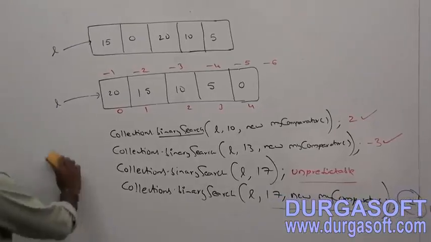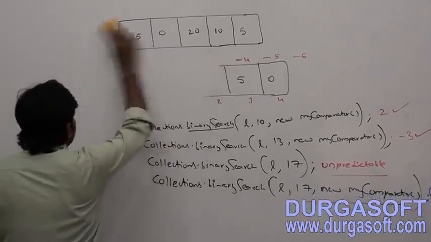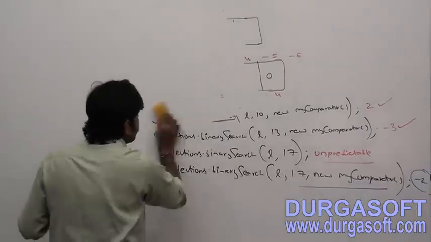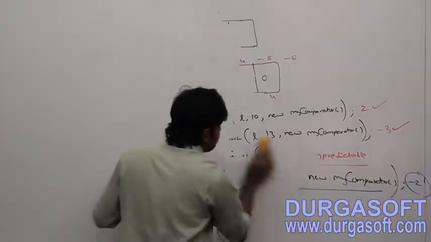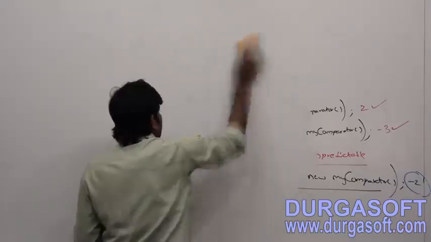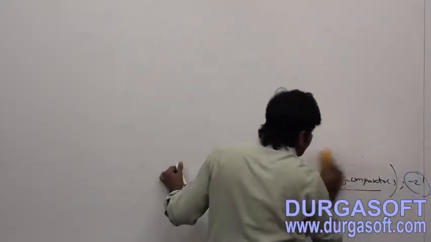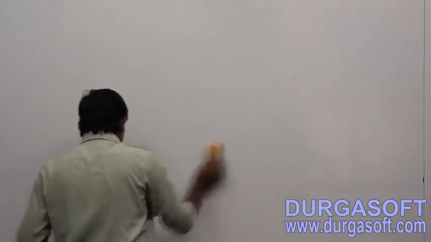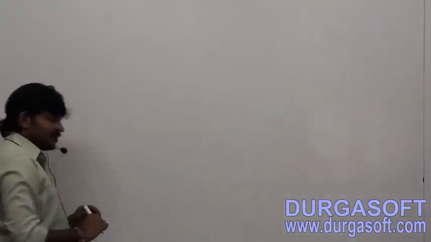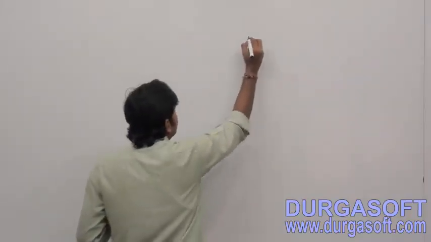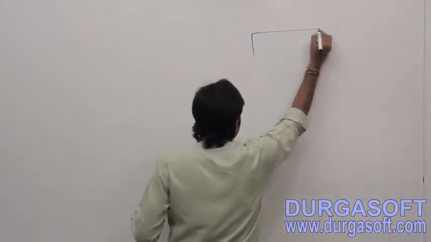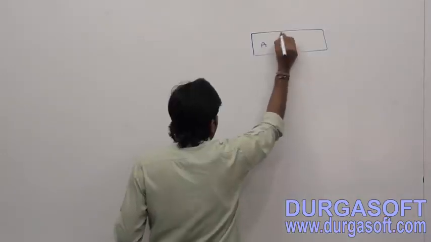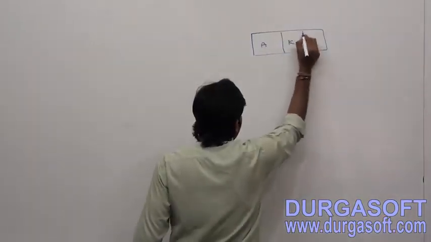Okay. Now just observe one small possibility of a question being asked in the exam from this binary search method. Just have a look once. Sir, I have one list, and this list contains 3 elements.